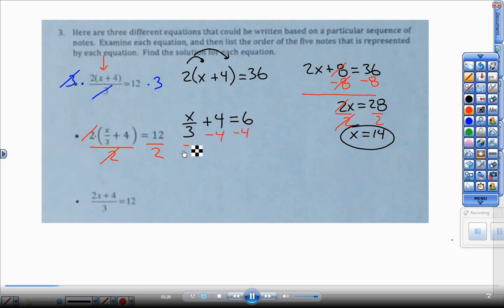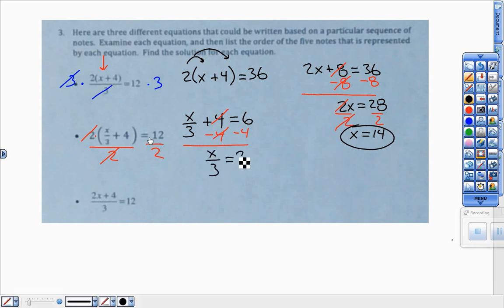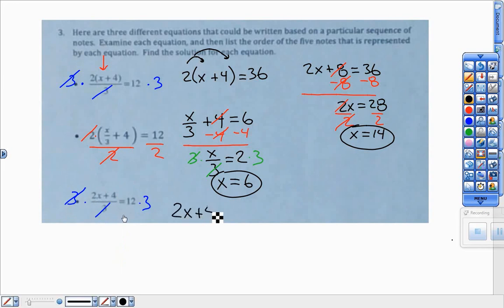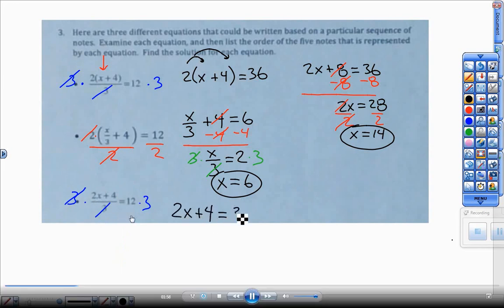Minus 4 gives me x over 3 equals 2. The opposite of dividing by 3, multiplying by 3. So that gives me x equals 6. This one, timesing both sides by 3 will eliminate these 3's and just leave me this 2x plus 4 equal to 36.